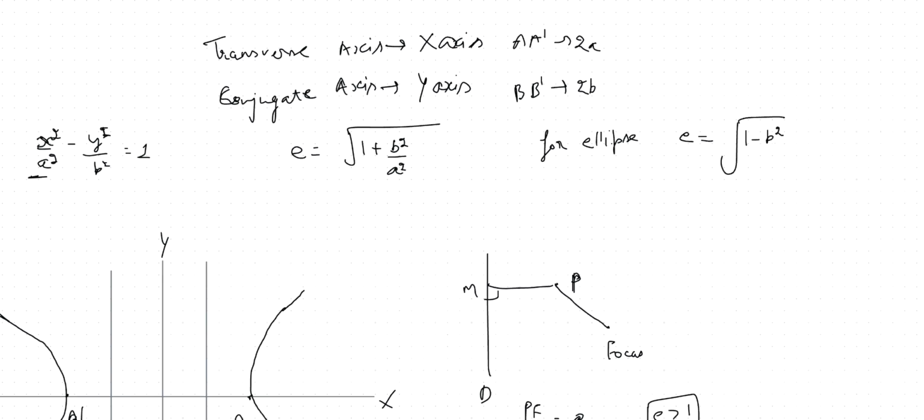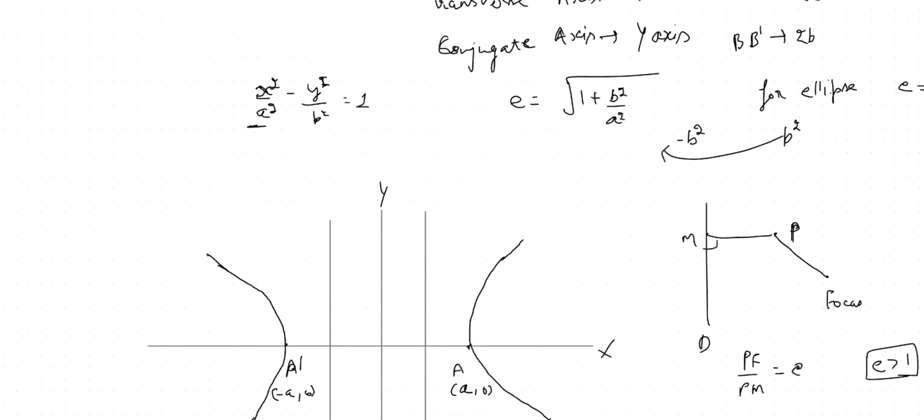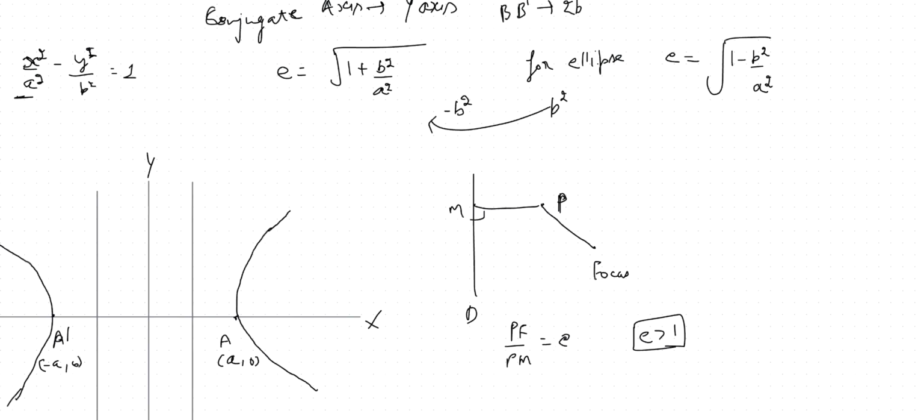So if you pay attention, if we change b square into minus b square, you will get the equation of hyperbola as well as the eccentricity of hyperbola. In fact, all the results of hyperbola can be obtained by replacing b square with minus b square.